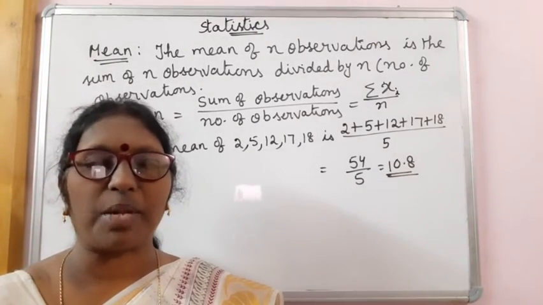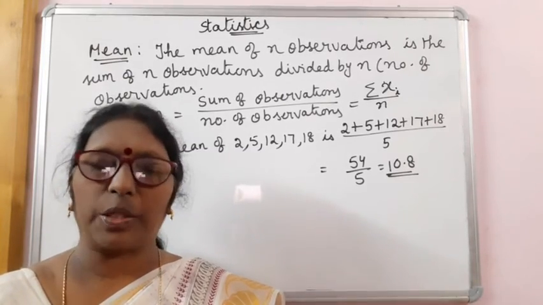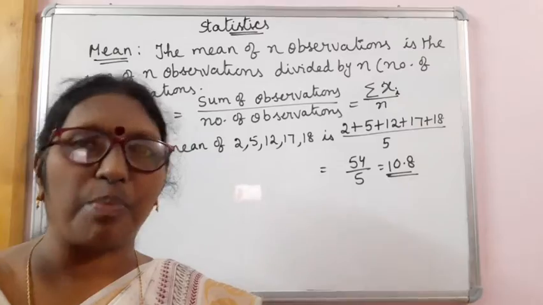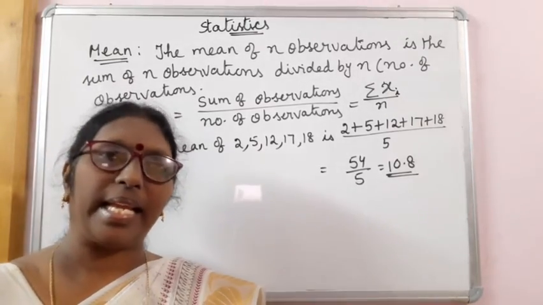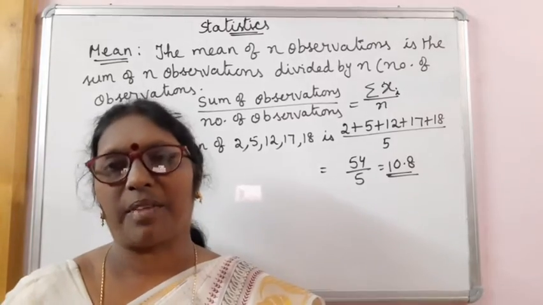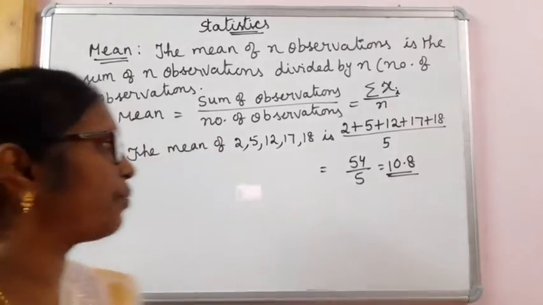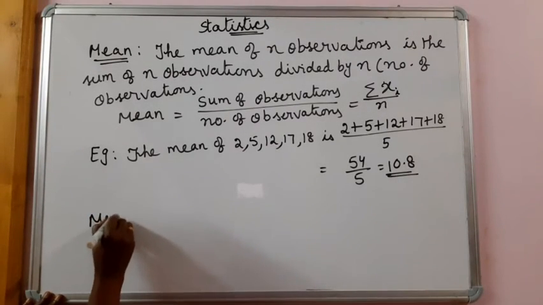Now let me explain to you how to find the median of the ungrouped data. What is median? Median is the variate which appears in the middle of the given data, or we can say the middle observation of the given data is the median.